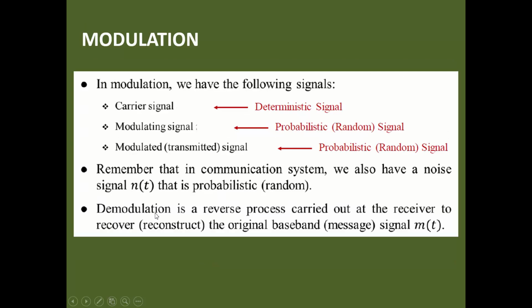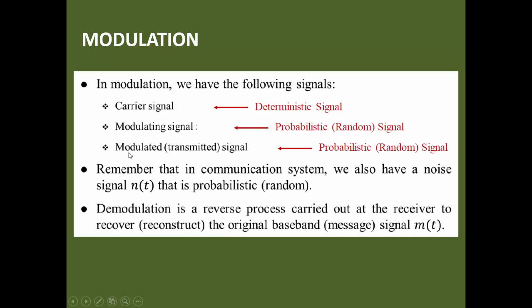Now, what is the carrier signal? It is a deterministic signal because we are generating this signal. The modulating signal is a probabilistic or random signal because whatever signal is coming from the source is probabilistic or random.